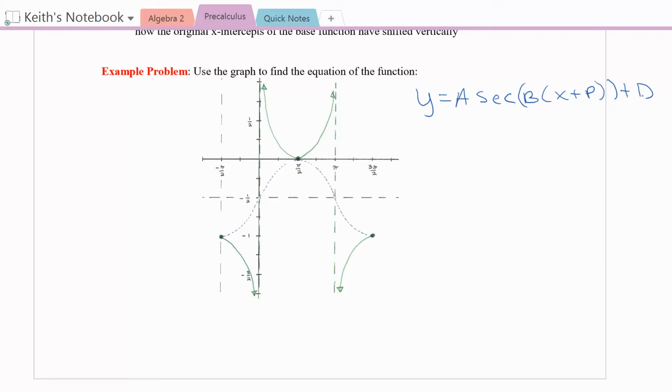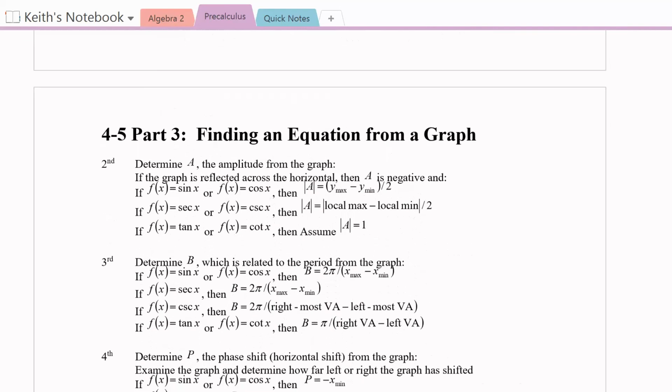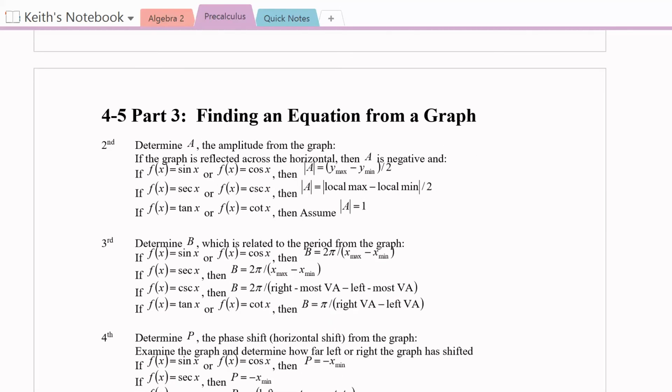Now we've got to figure out what all these terms are. The second thing it says is determine a, and it gives you different examples. For secant and cosecant, we want to take the local max minus the local min and divide it by 2.